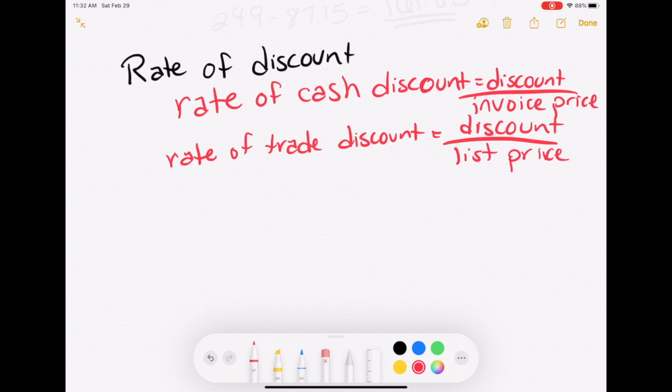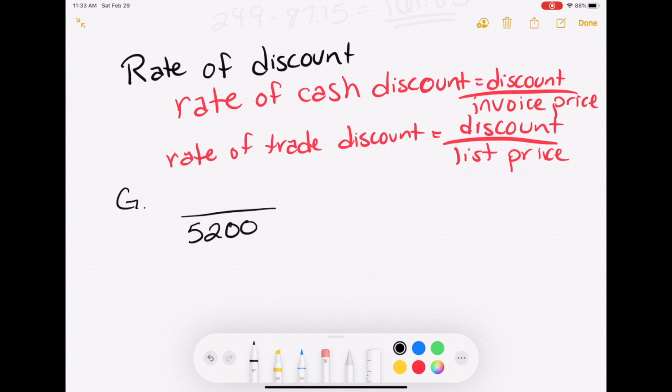Okay, so let's look at G. G says an invoice totaling $5,200 was paid with a discount within the discount period. The amount that they actually paid was $5,070. What was the rate of cash discount? So this is a cash discount. They gave to us the invoice price of $5,200.